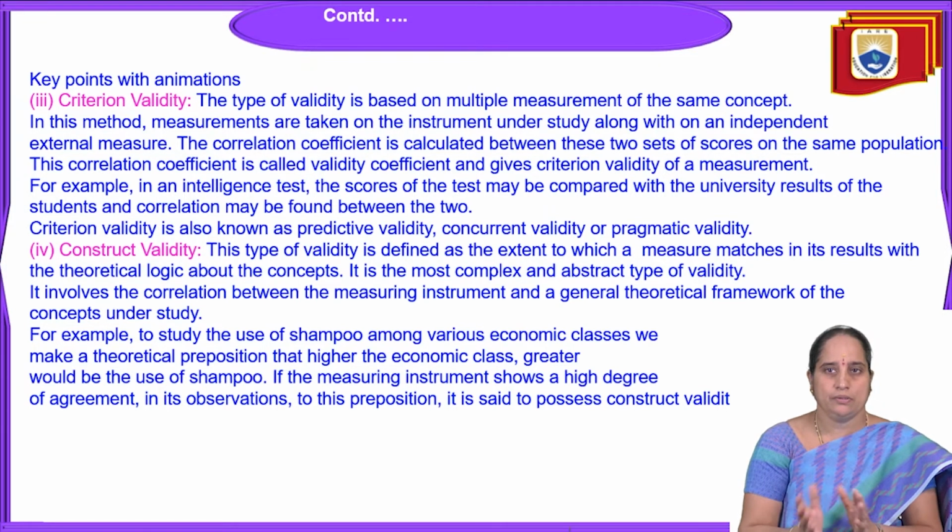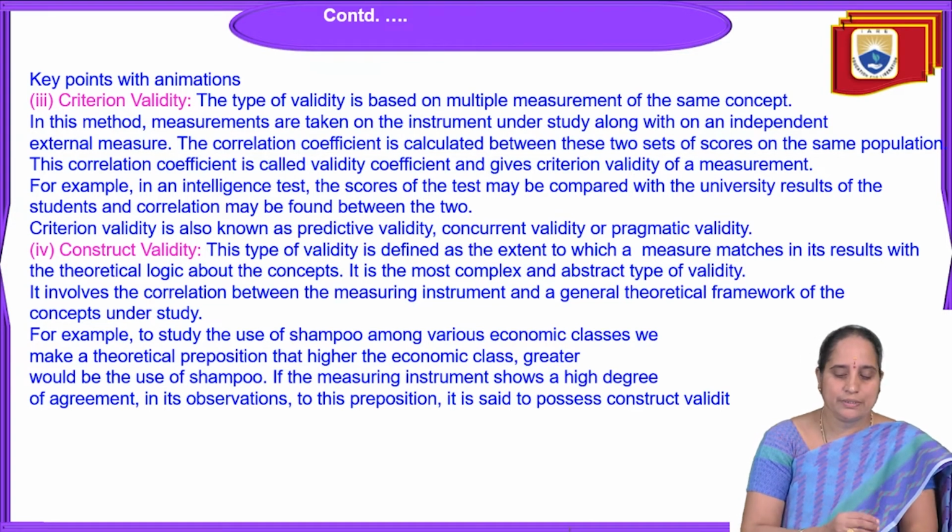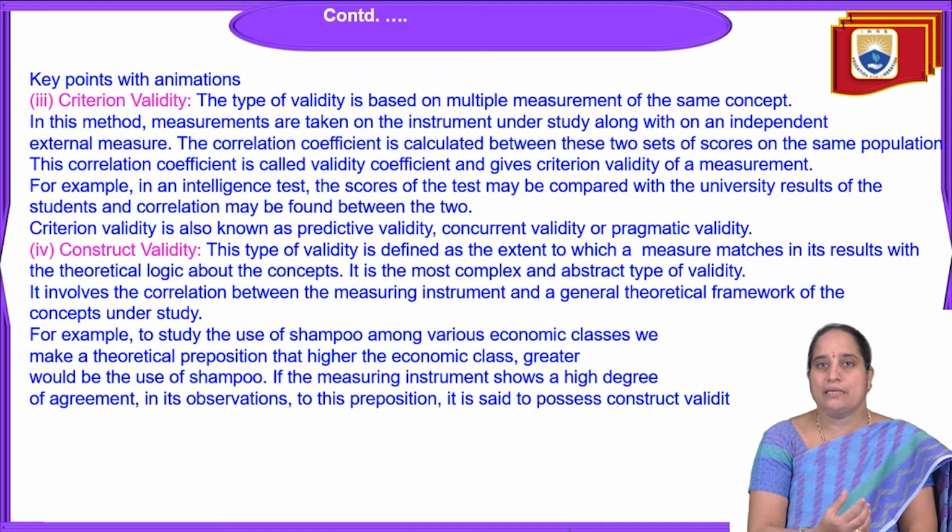An individual person's intelligence level, IQ, may vary from person to person. All these things depend upon what type of criteria you are going to follow in order to test the validity of the measurement. Criterion validity is also known as predictive validity, concurrent validity, or pragmatic validity.